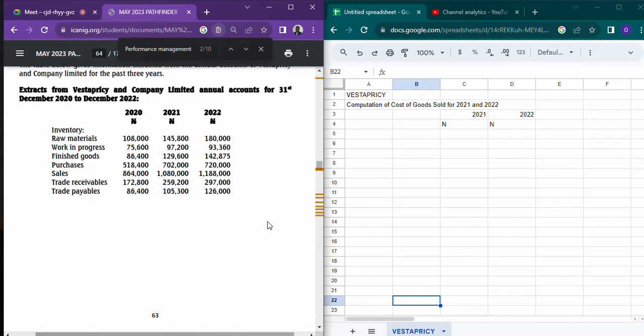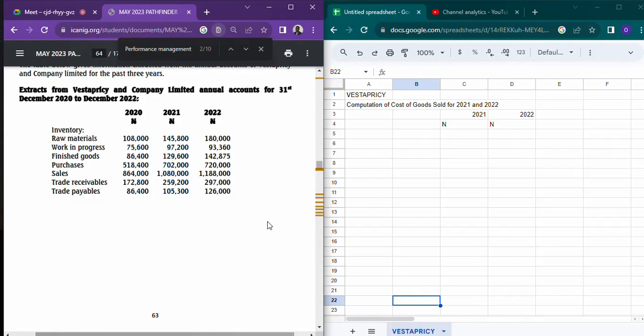What I was saying is the purchase cost shall be all costs incurred to bring the asset to the point at which it is available for sale. Do you understand? All costs incurred to ensure that the goods are available for sale.